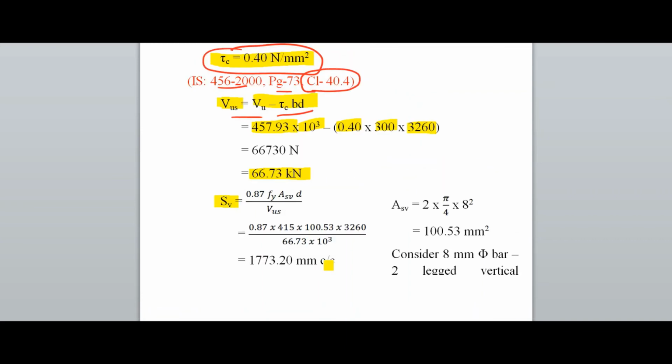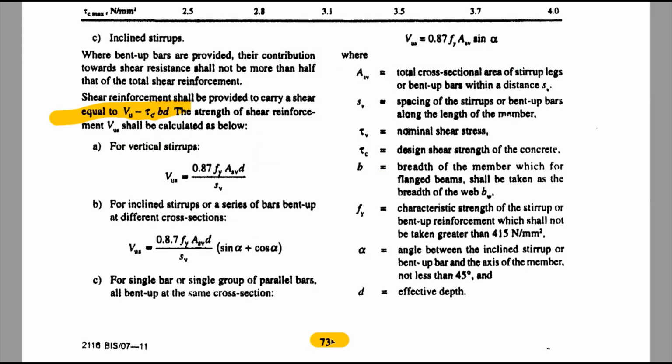Now this equation is in IS 456, page number 73. Here on page number 73, the equation for vertical stirrup spacing is given: Vus is equal to 0.87 fy Asv d upon Sv.